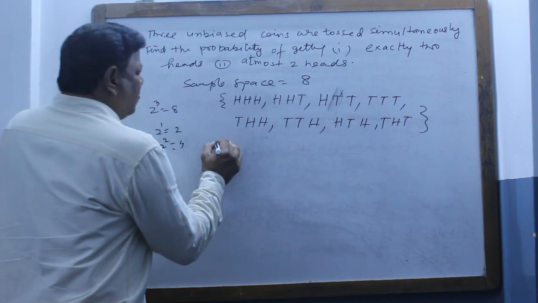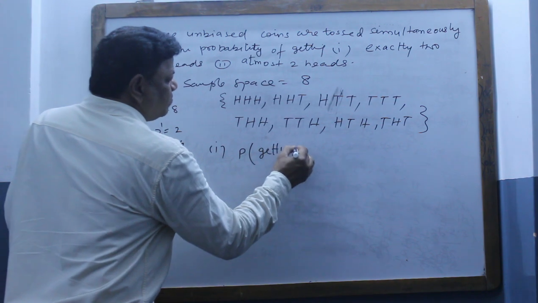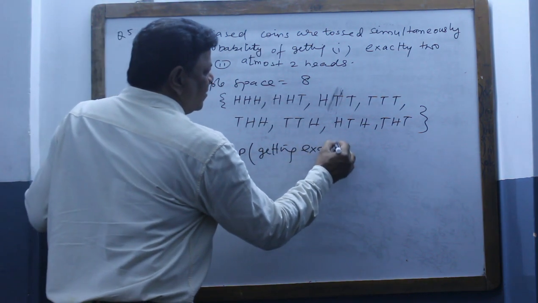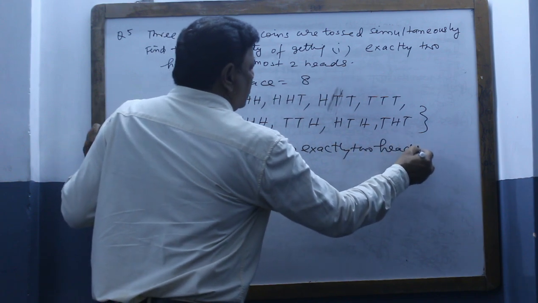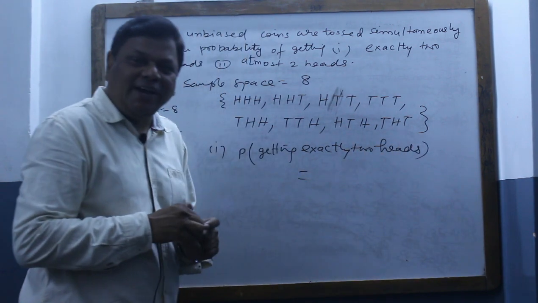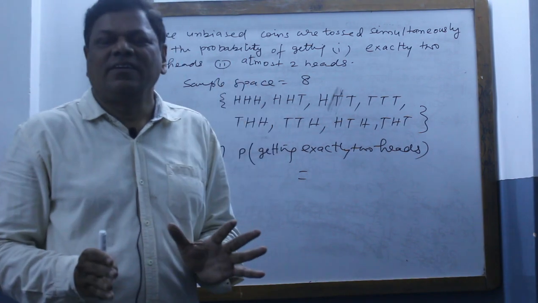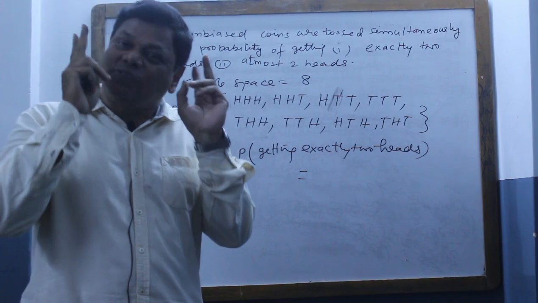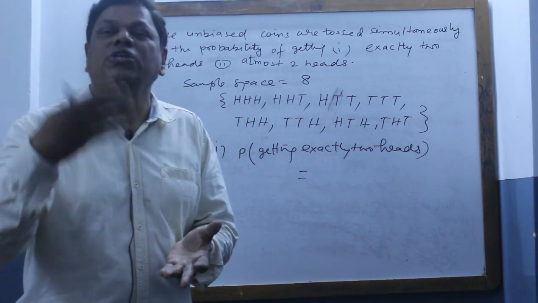Now what is question number 1? Probability of getting exactly 2 heads. Exactly 2 means 2 heads only. At least 2 means 2 may come, or more than 2, 3 may come.